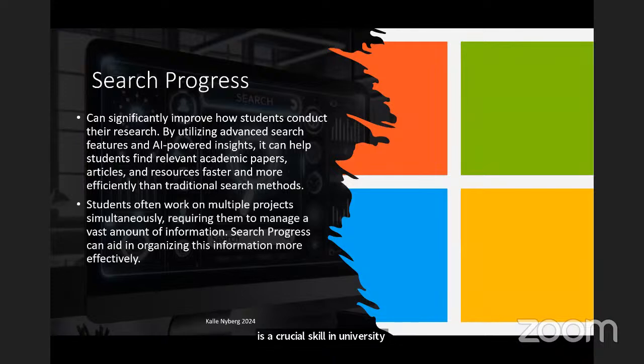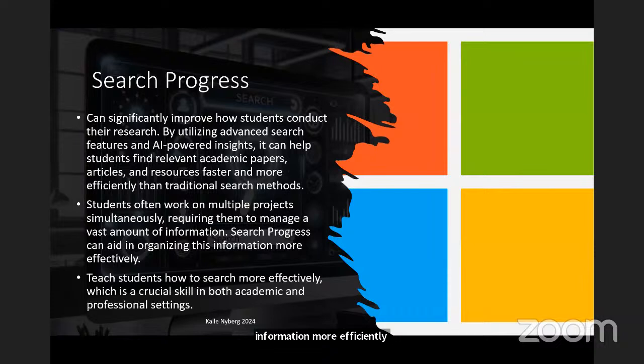Students often work on multiple projects simultaneously, requiring them to manage a vast amount of information. Search progress can aid in this, organizing this information more efficiently. This can teach students how to search more efficiently, which is a crucial skill in both academic and professional settings.